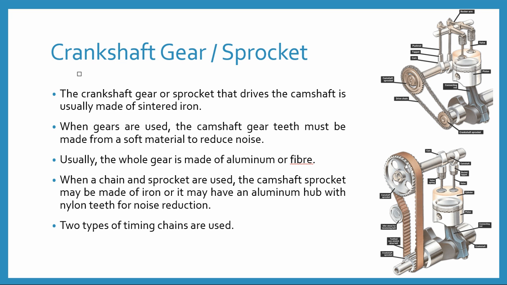So here you can see in this picture, this one is the crankshaft, and this is the end of the crankshaft where the crankshaft gear or the crankshaft sprocket is fitted, as this is the push rod type of engine. So here is also a crankshaft gear, and when we are talking about the overhead camshaft engine, there is also a crankshaft gear or sprocket available.